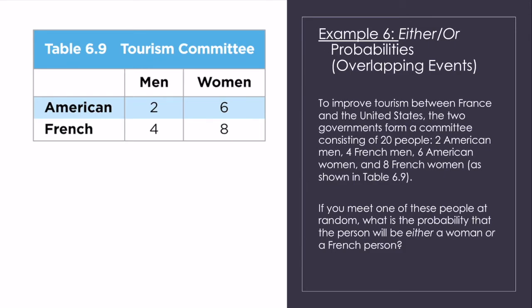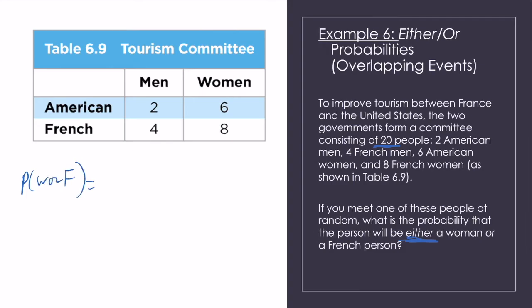To improve tourism between France and the United States, the two governments form a committee consisting of 20 people. There are 2 American men, 4 French men, 6 American women, and 8 French women. If you were to meet one of these people at random, what is the probability that the person would be either a woman or a French person? So I want the probability of woman or French.